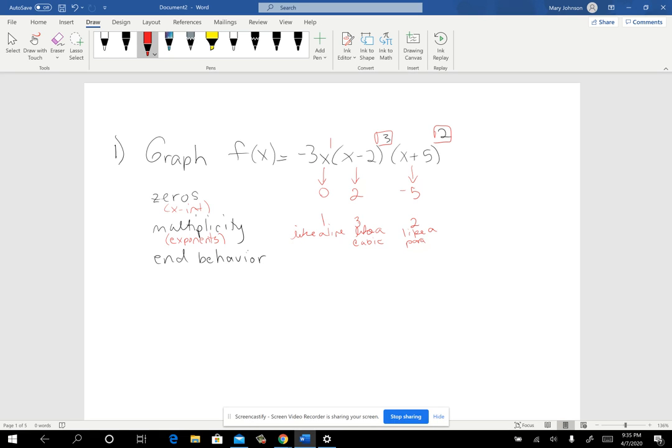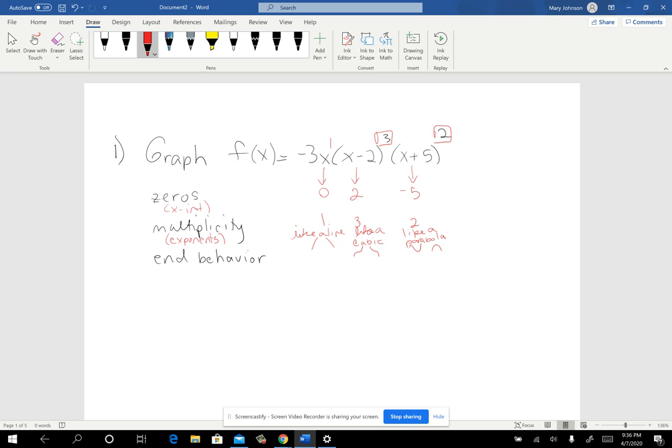All right, so this one's going to pass through kind of smooth, might be going up or down, we don't know. This one's going to pass through like a cubic, and it might be on the way up or on the way down. And this one's going to be a parabola, and right now we don't know whether it's up or down. All right, now, next thing you want to do is think about the end behavior.